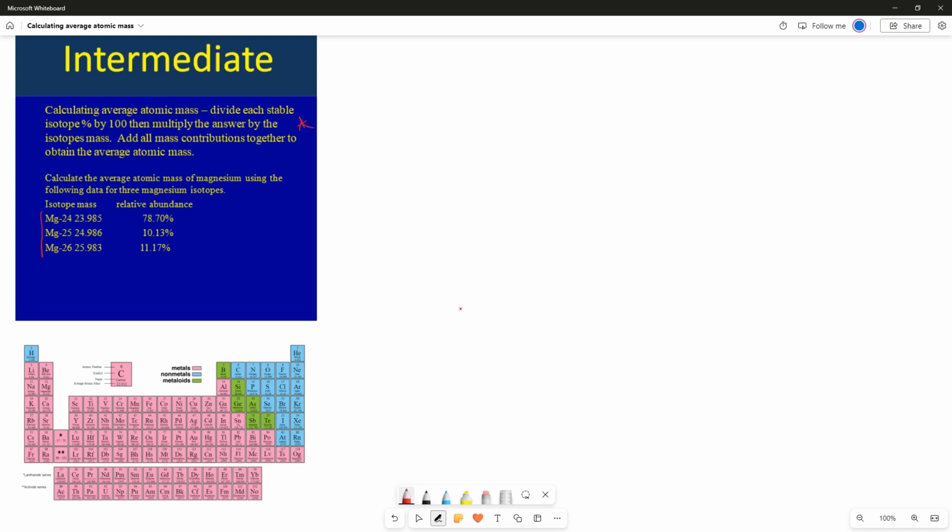If we do that for the first one, that 78.7% is going to be 0.787. And then we multiply that decimal by the mass of that particular isotope, and the mass of that isotope is 23.985.